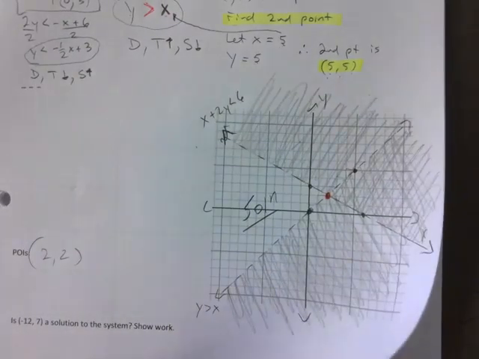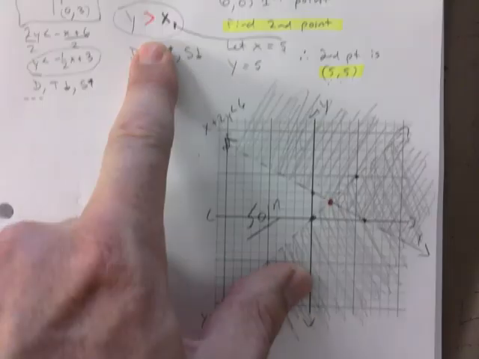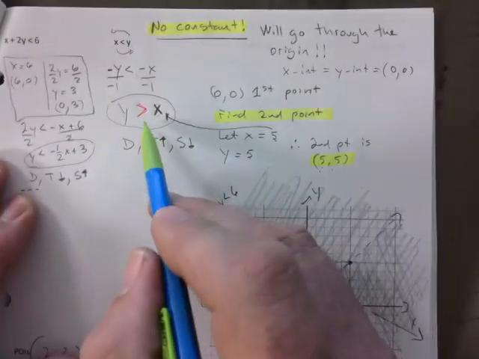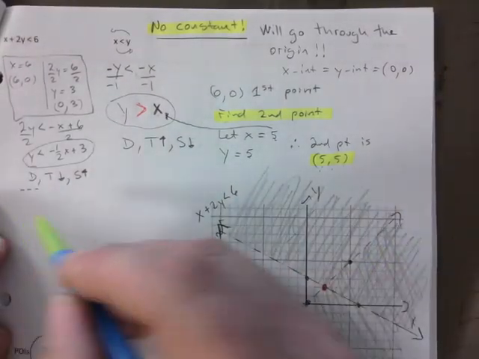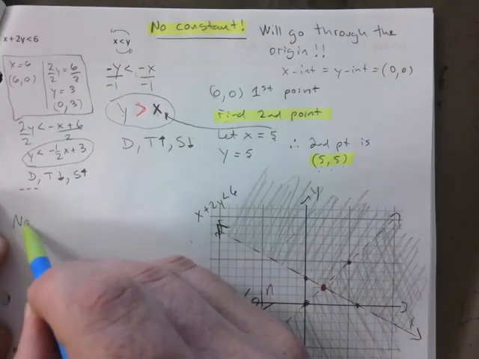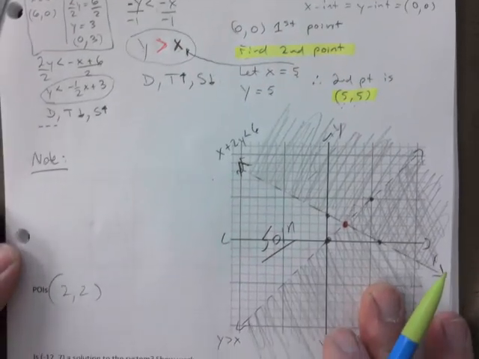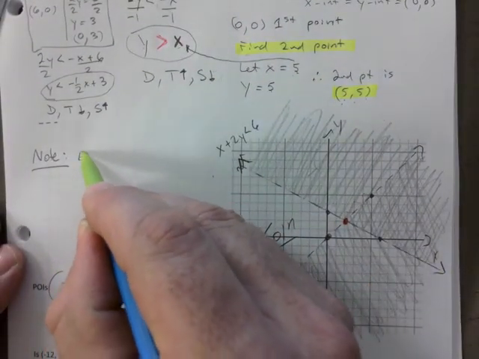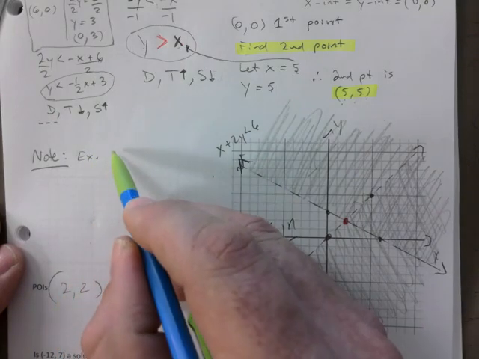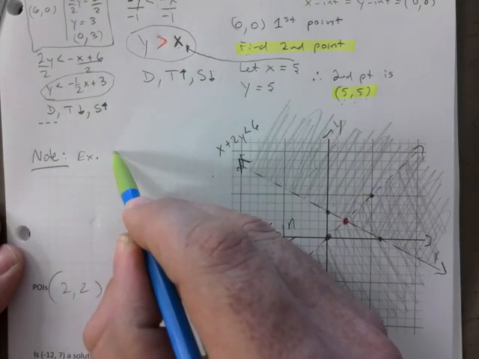Okay, so I'm going to give you a heads up on this. I'm going to make a note here, just a note. Example, what if you had something like this?